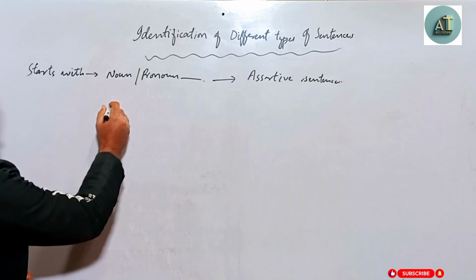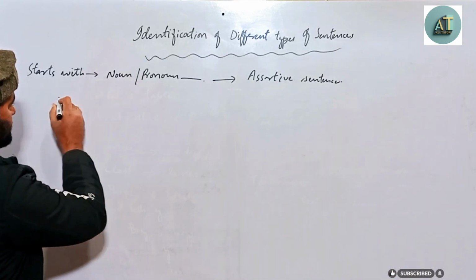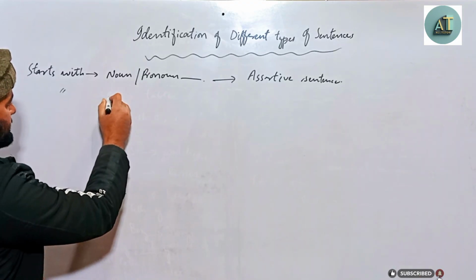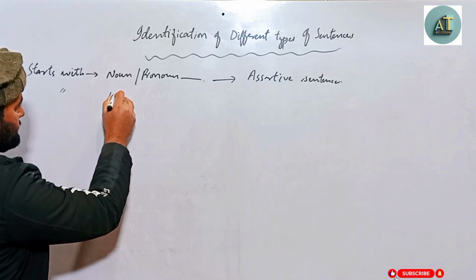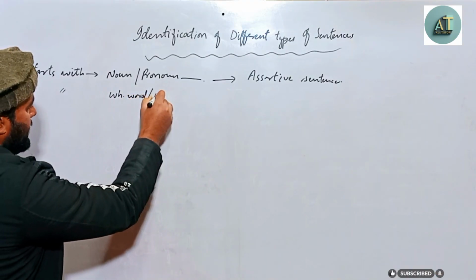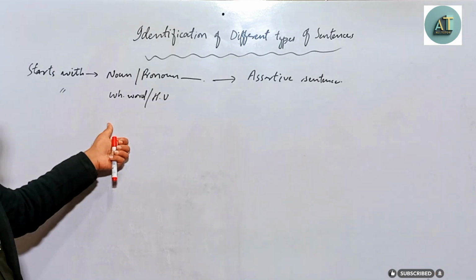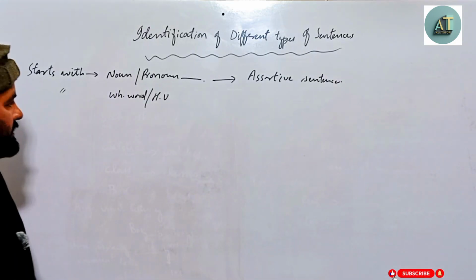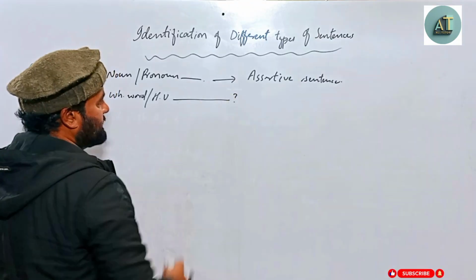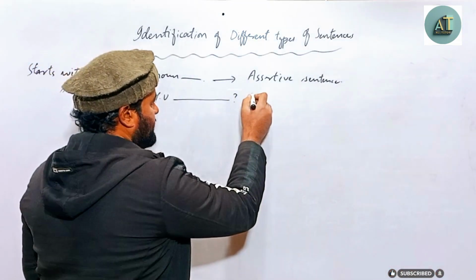The next is if the sentence starts with any WH word or helping verb, and there is a question mark at the end of the sentence, we can say the sentence is interrogative.